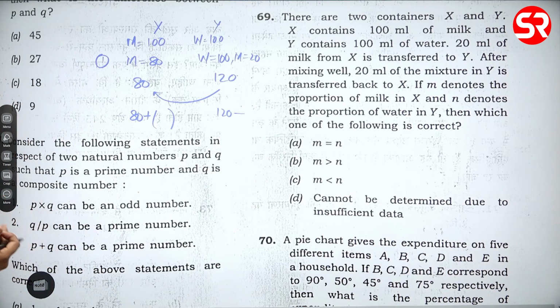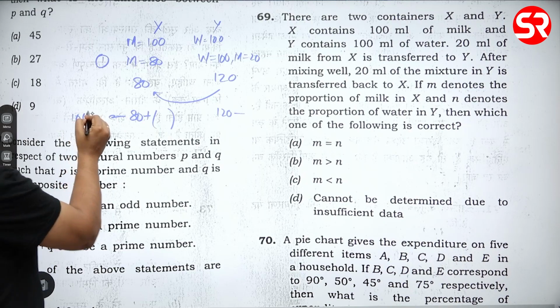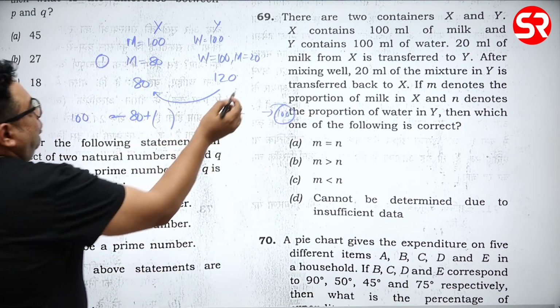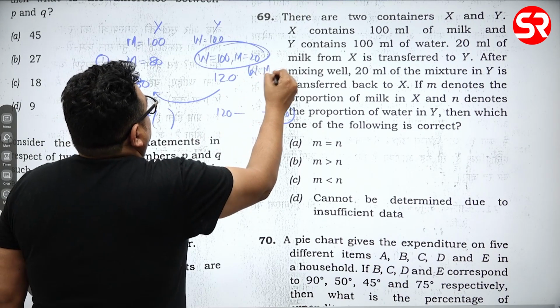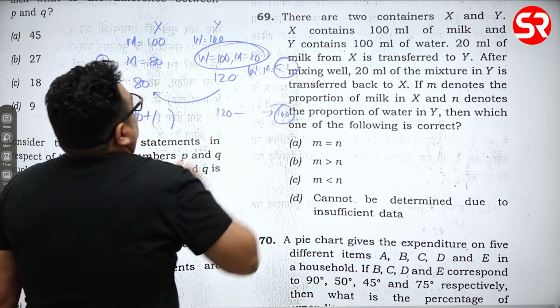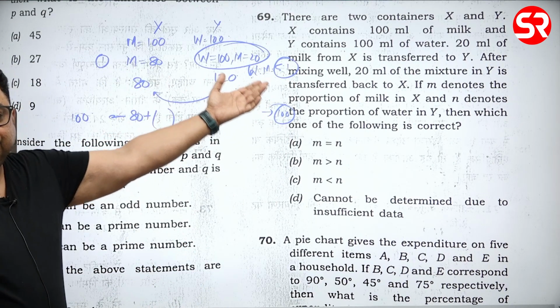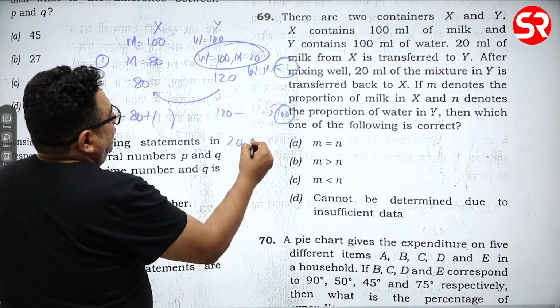But now you have to understand this. In capacity, this total would be 100 and this total would also be 100. But now over here, water to milk is 5:1. So when 20 ml of the mixture is being transferred over here, out of 20, how much is water?